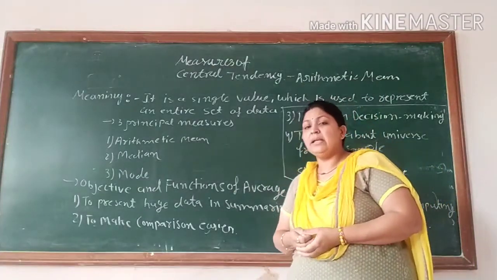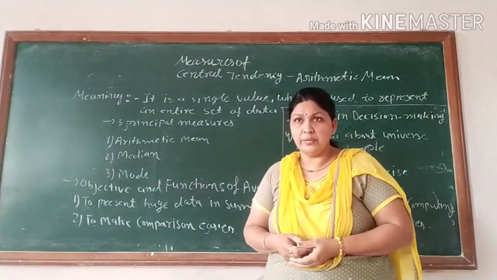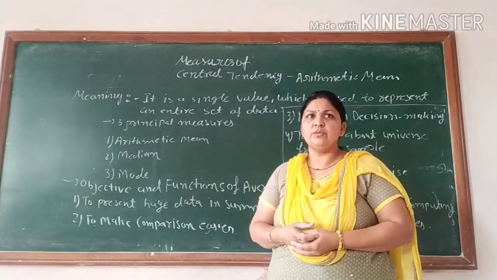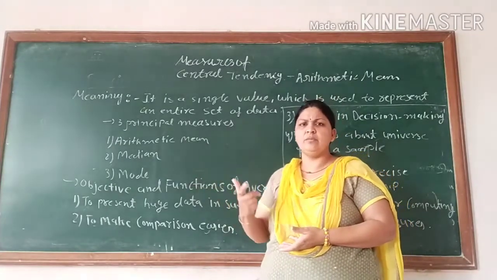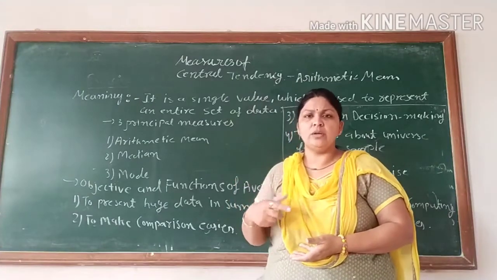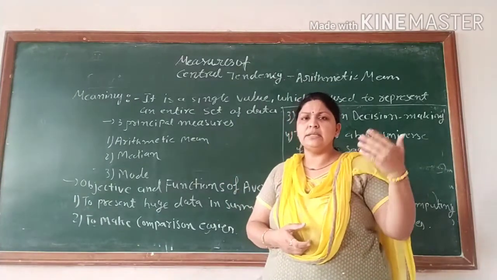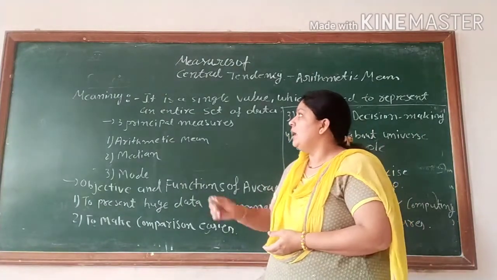But in your syllabus, basically there are only three: mean, median and mode. Some quartile derivation is also given to you. So we can say mean, median, mode, and quartile, that is called upper quartile and lower quartile, are also in your part of the syllabus. Percentile, decile, everything is part of your syllabus.